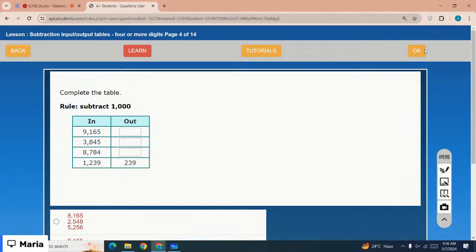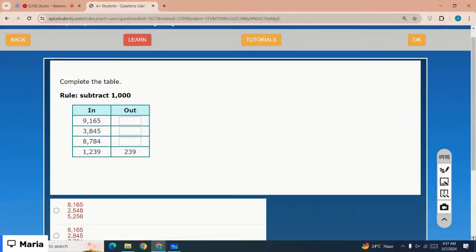Complete the table. Subtract 1000. Which is the correct option? Option number 2 is the correct option, not 1.